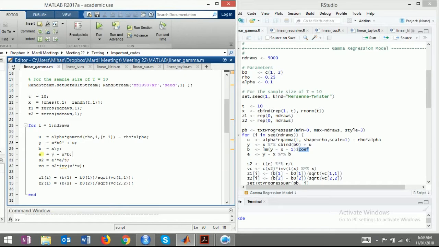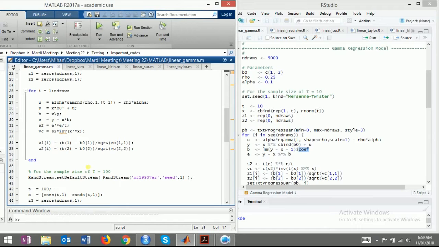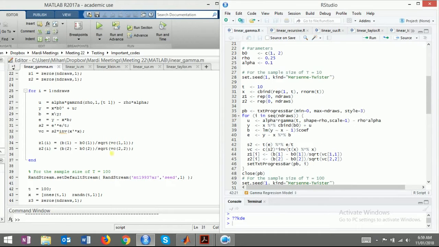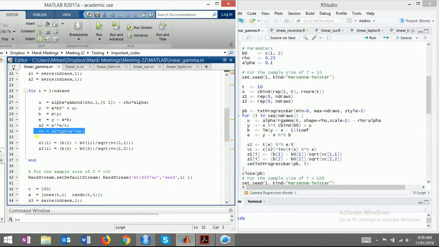Okay, then e equals y minus bx. B and x are both matrices, because b is a matrix, as we know, x is a matrix too, and sigma is e transpose e divided by T. Fine. The variance covariance matrix is s squared multiplied by the inverse of x transpose x.